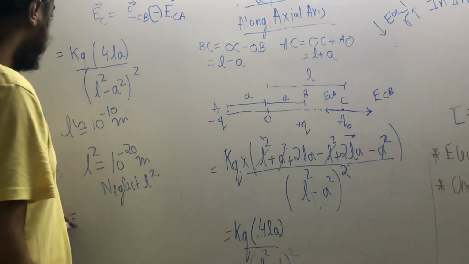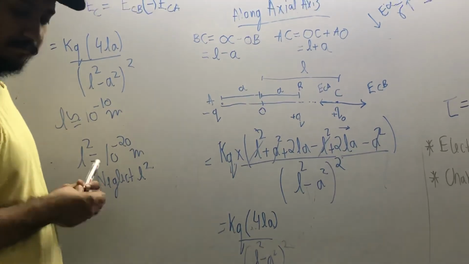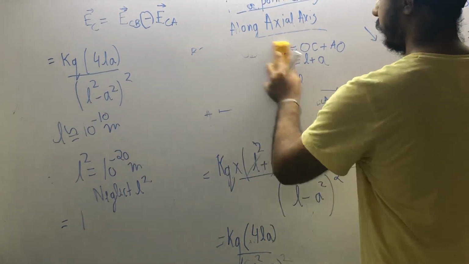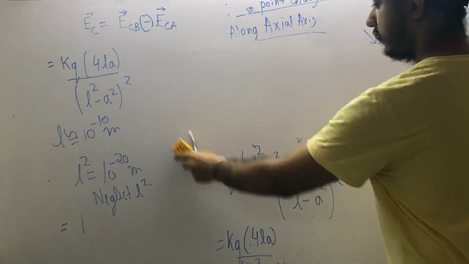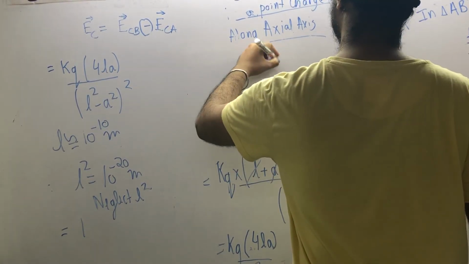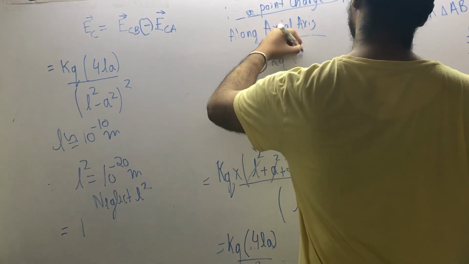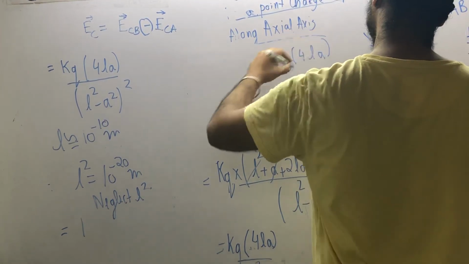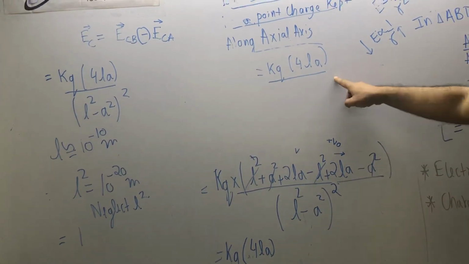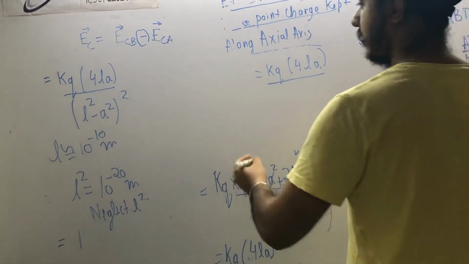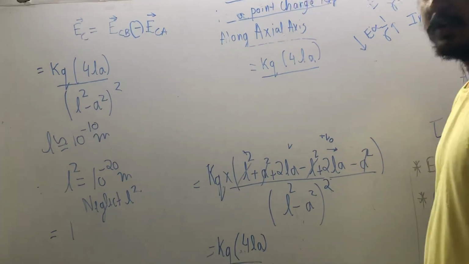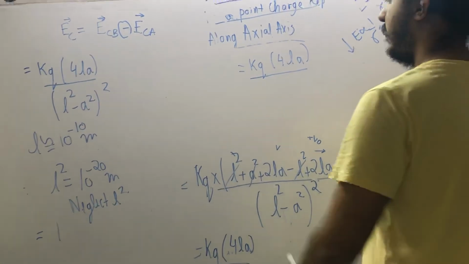So what we get is K. When you neglect L square, you get K cube into 4LA. Here what will remain? Basically L square will be neglected, so what will remain here?